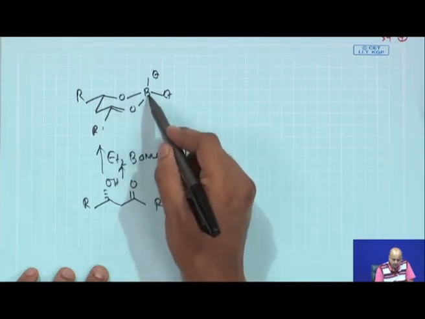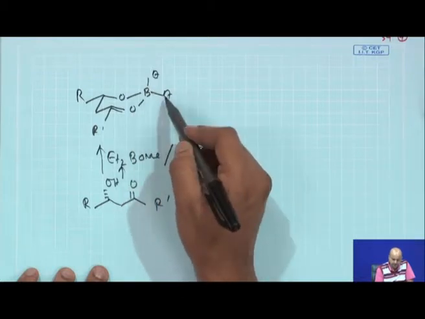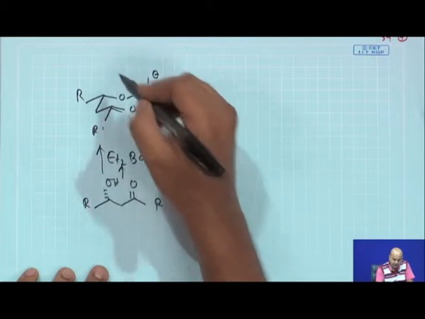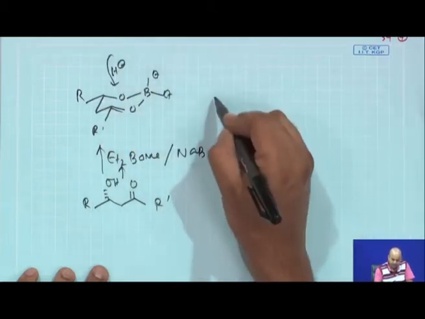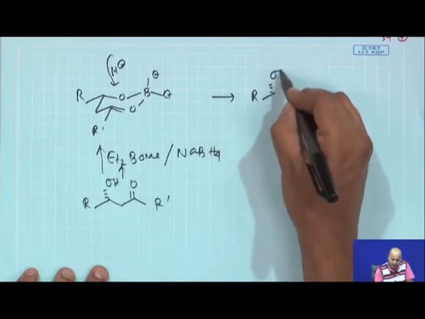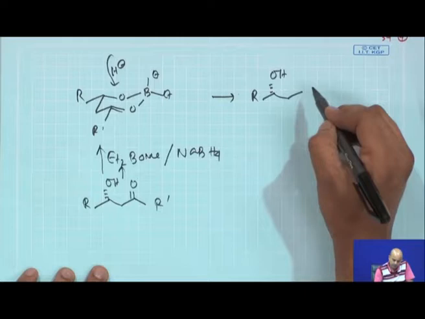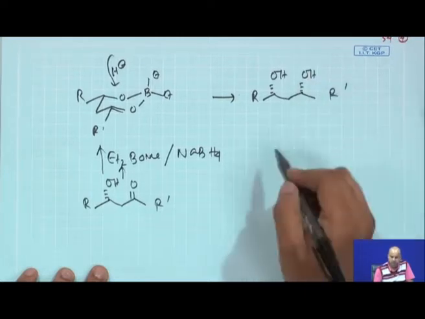Now, this boron coordinates with this carbonyl Lewis basic site, and then Et is there. Now, NaBH4 transfers this hydride from this face. So now you get the syn alcohol.